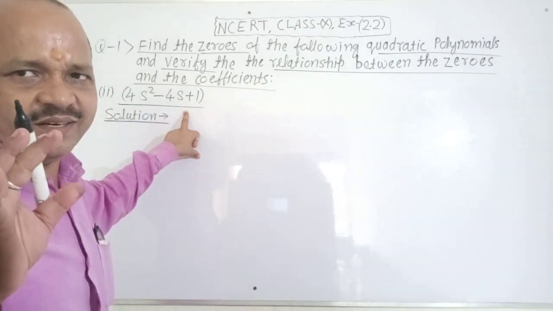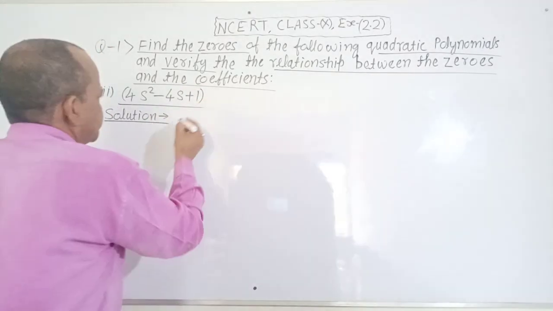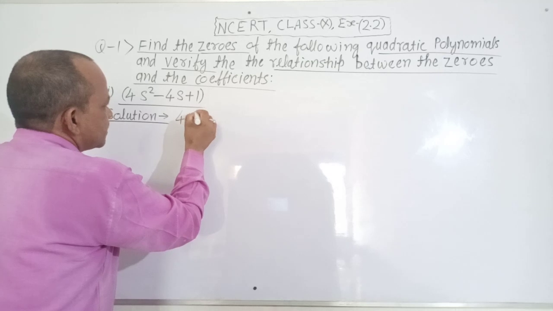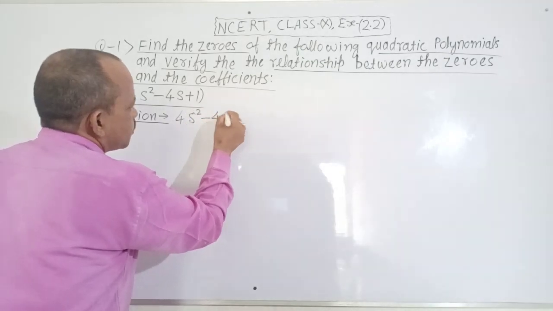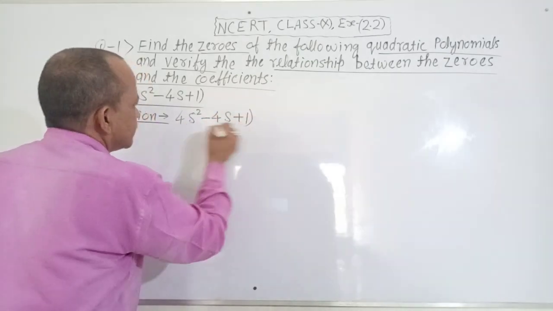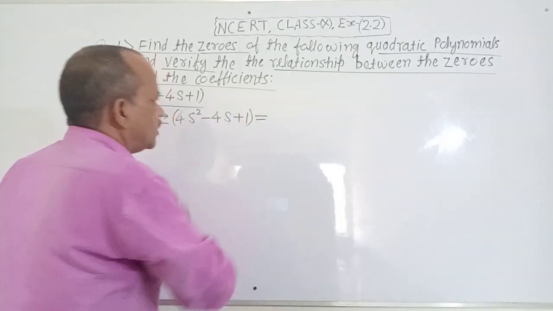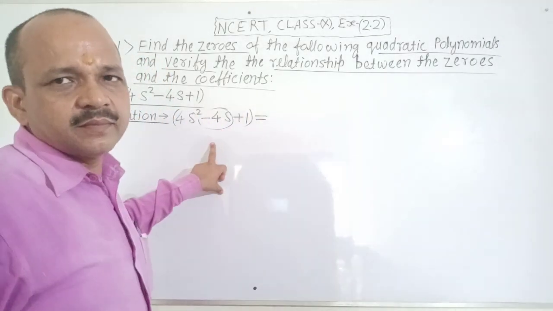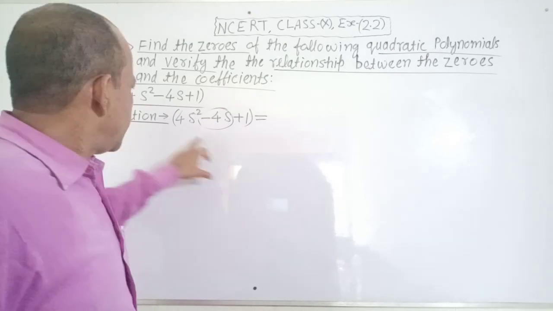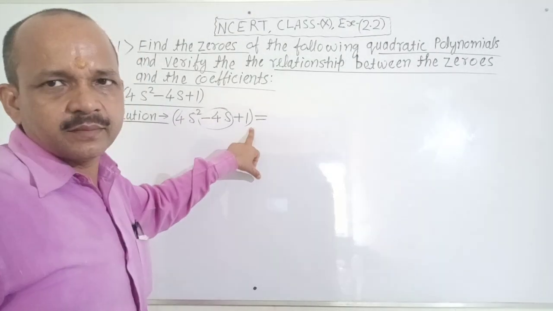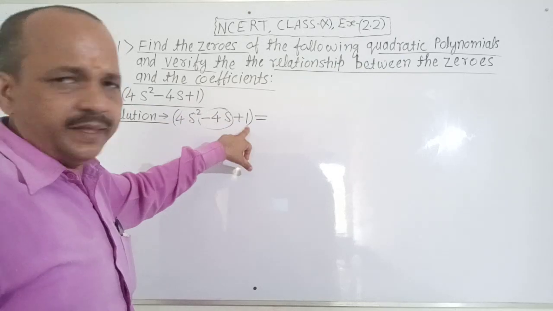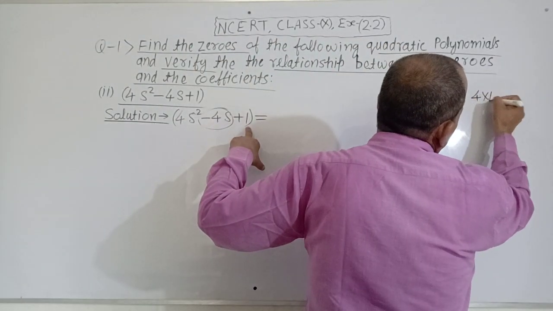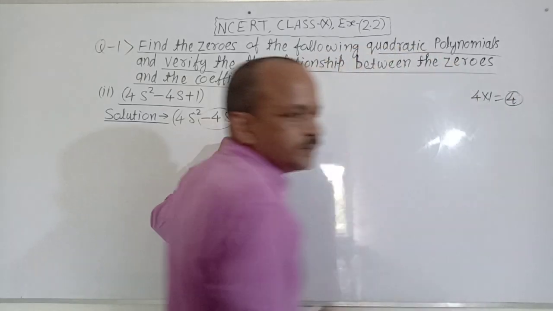See the board. 4s square minus 4s plus 1, equal to, it is the middle term. You split it. Here 4 and here 1. You multiply 4 and 1. 4 multiply 1 equals 4.